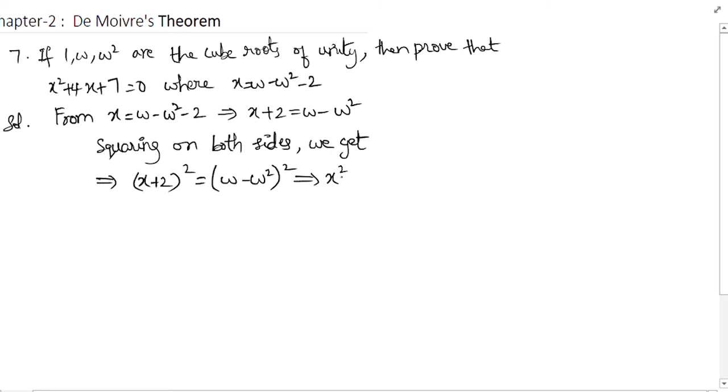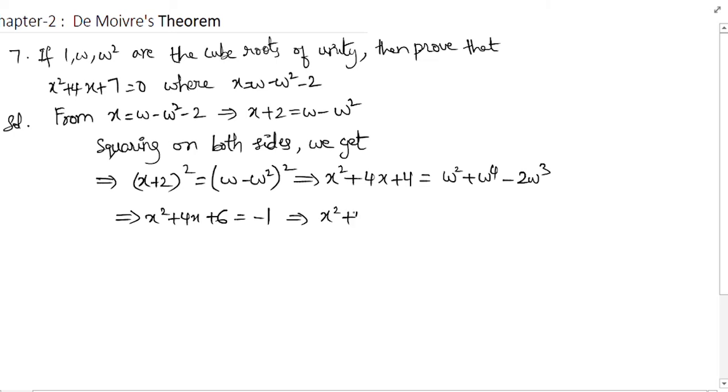So here we'll get x square plus 4x plus 4, which is equal to, again this is in the form of (a minus b) whole square, so we can write it as omega square plus omega power 4 minus 2 omega cube. Which implies x square plus 4x plus 6 is equal to minus 1, which implies that x square plus 4x plus 7 will be equal to 0.